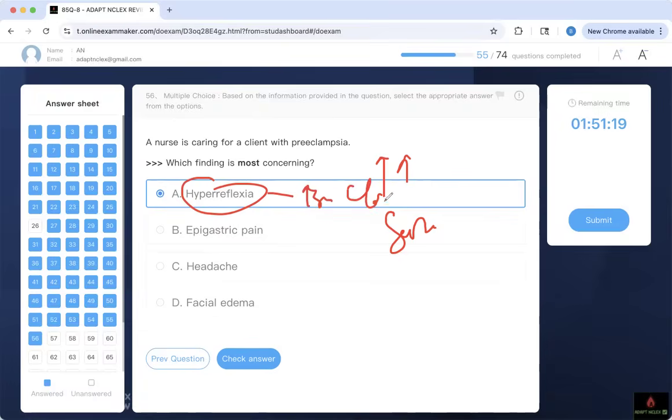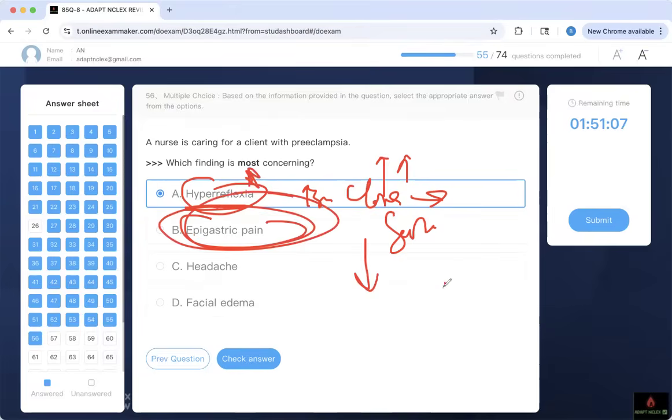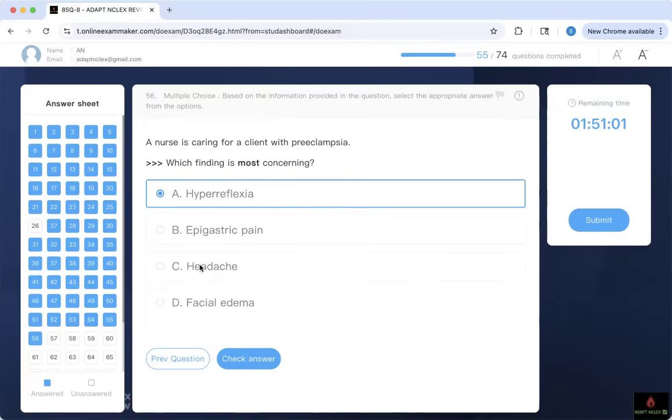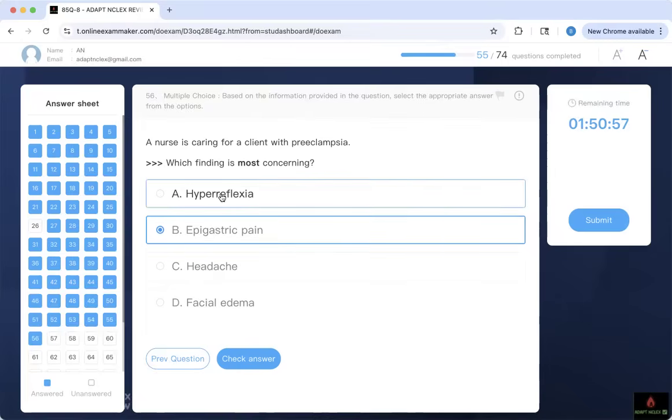And if there's clonus, you're more likely to have a seizure too. That's why we give you magnesium to bring your reflexes down. So I'm worried about this. But if you develop epigastric pain, you probably have what? HELLP syndrome. It has affected your liver and you're going into a deadly situation. Therefore, this can be the right answer.